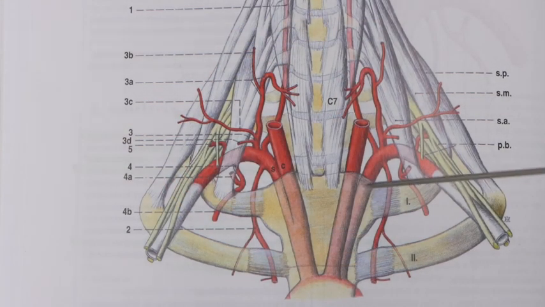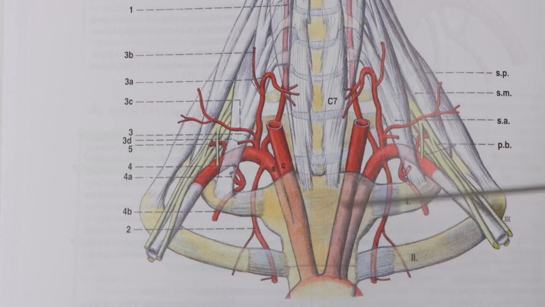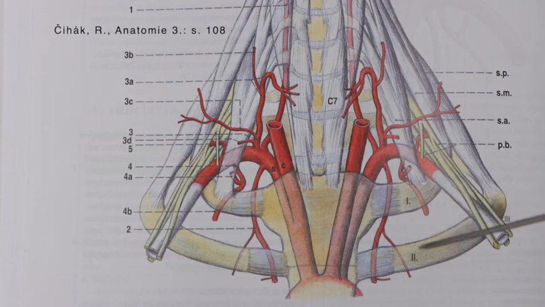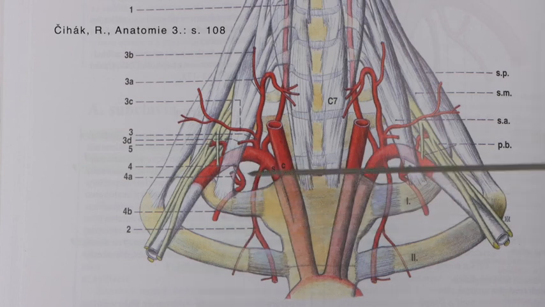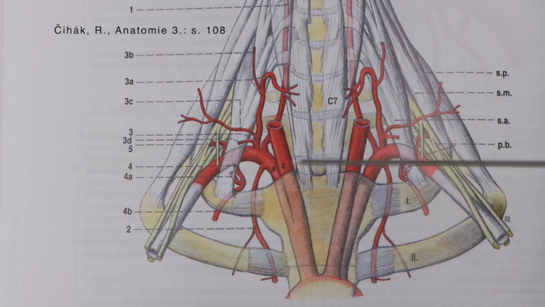Regarding the blood supply of the thorax, as I mentioned, most posterior intercostal spaces are supplied by the aorta, but the first two intercostal spaces are supplied by an artery arising from the subclavian artery.